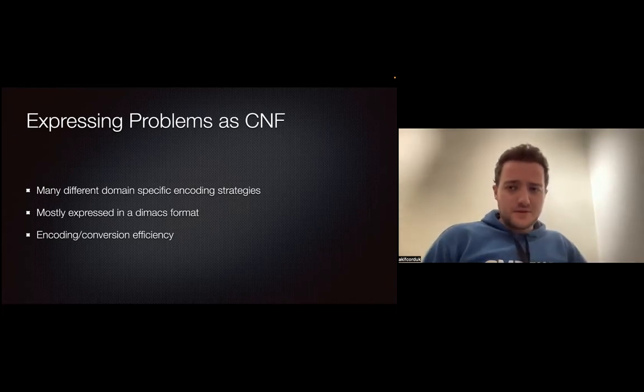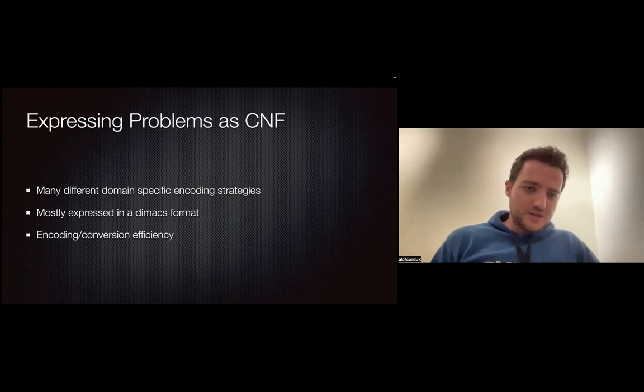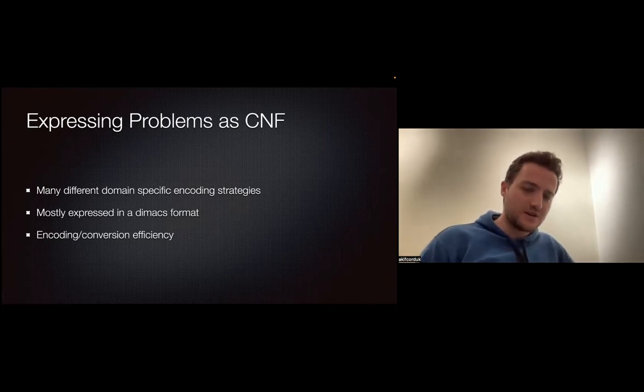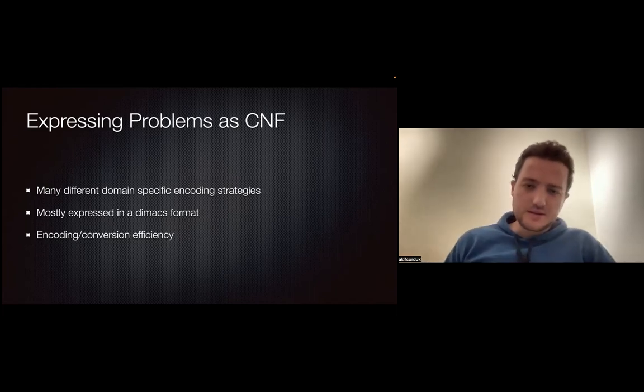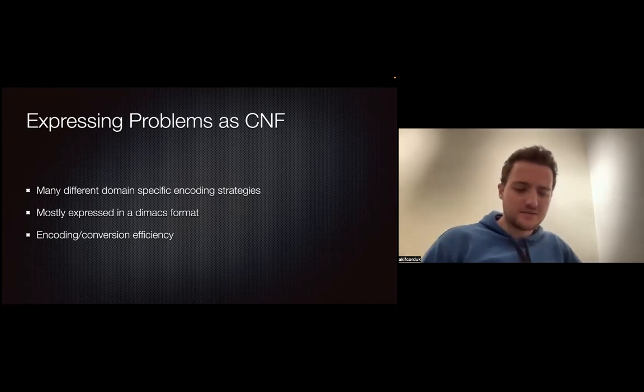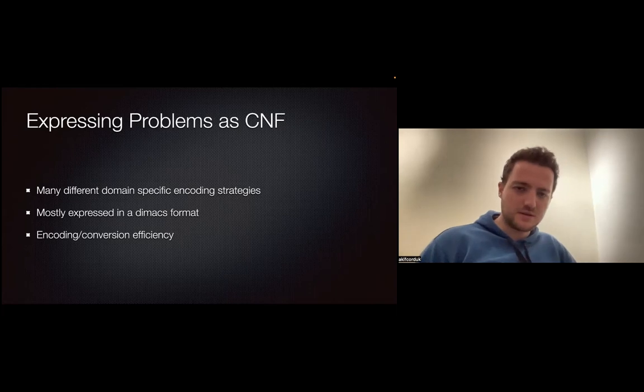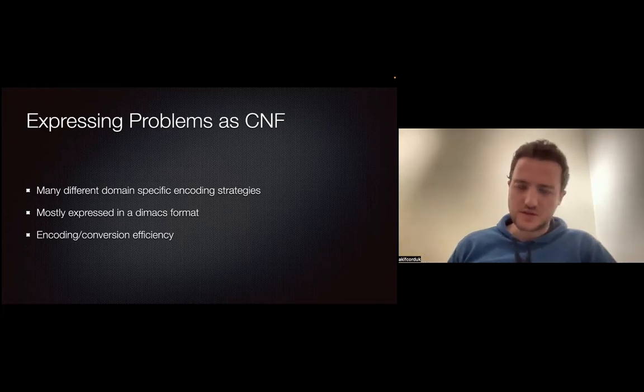These CNF equations are expressed in a standard format called DIMACS. It's basically a text file where you have a variable ID and clause ID, and the variables that make up those clauses, with negation represented as a minus, and if it's the literal itself, it's without negation.